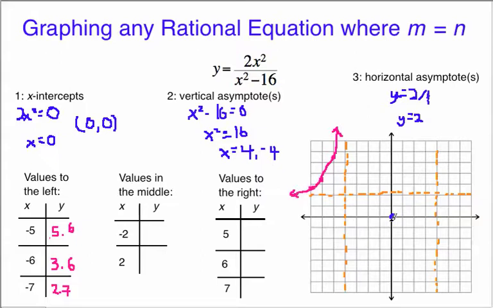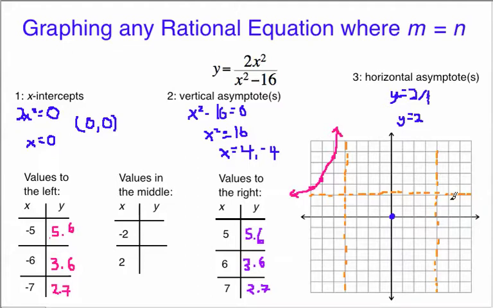Okay, so now we're going to have some really nice symmetry in our values to the right, and actually when we plug them in, we're going to get exactly the same numbers as the values to the left. So we get 5.6, 3.6, and 2.7. So it just ends up looking like a reflection all the way over here.